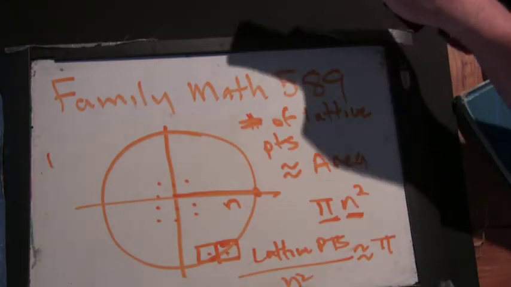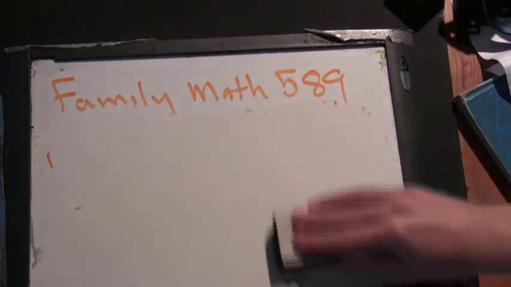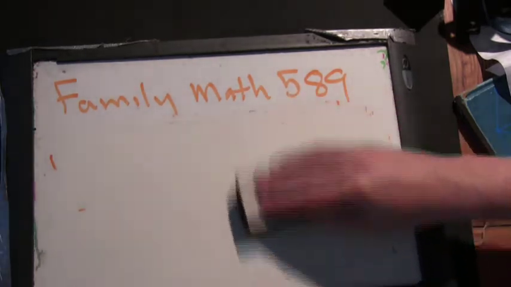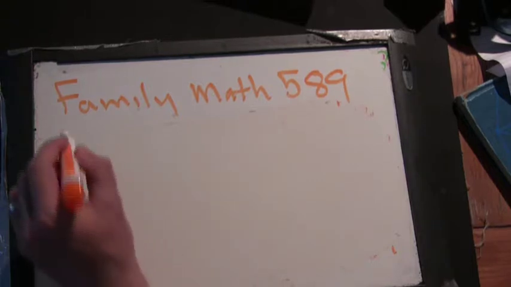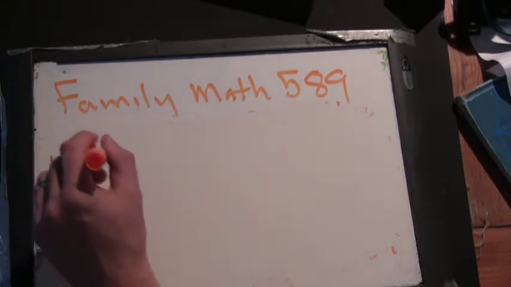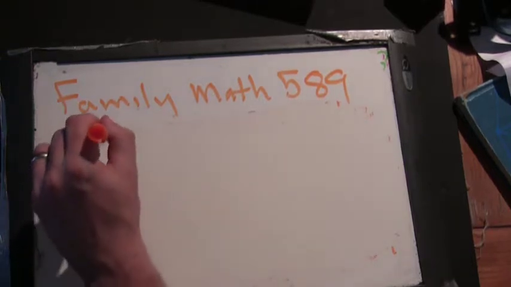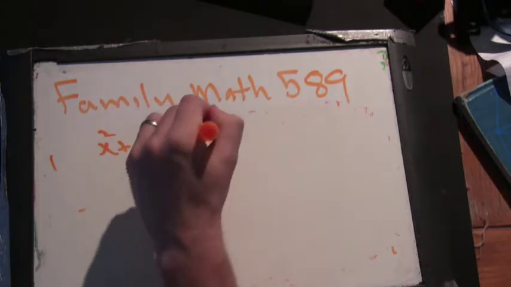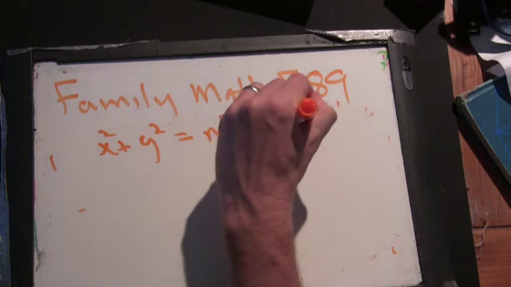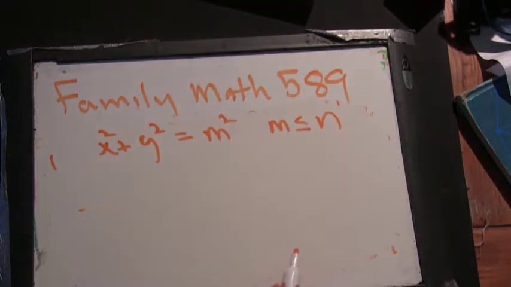But the lattice points also represent something that we've been looking at. Each lattice point represents x squared plus y squared equals some integer m, for m less than or equal to n.